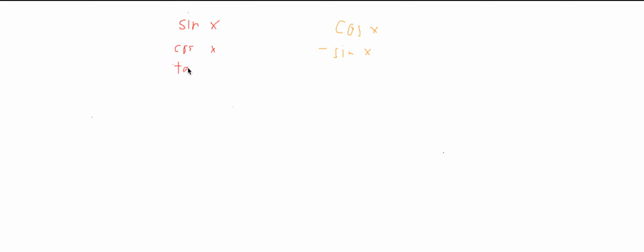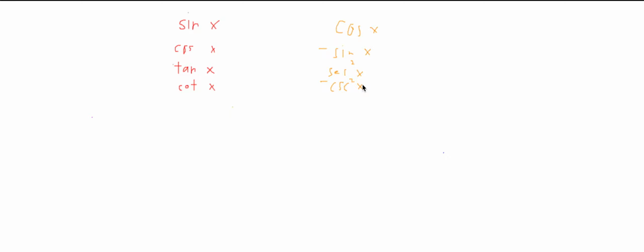So derivative of tangent will be secant squared. And the derivative of cotangent x will actually be negative cosecant squared x.